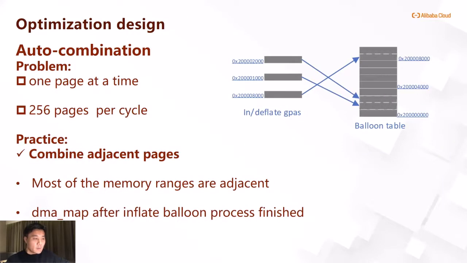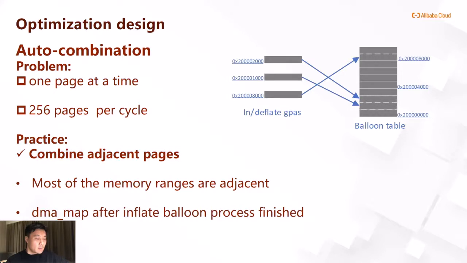During the practice, we met several problems. Then we have some optimization designs for these problems. The first one is auto-combination during the inflating process. The problem is the balloon driver only allocates one small page at a time and sends a notification to the host every 1 megabyte. QEMU will get a huge number of pages.